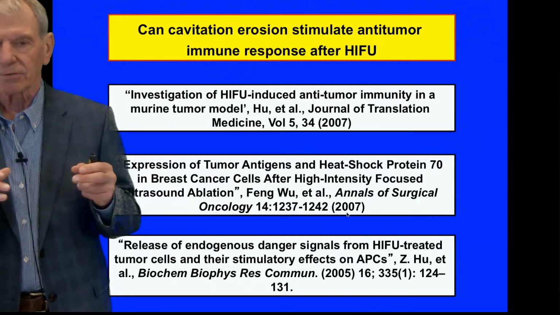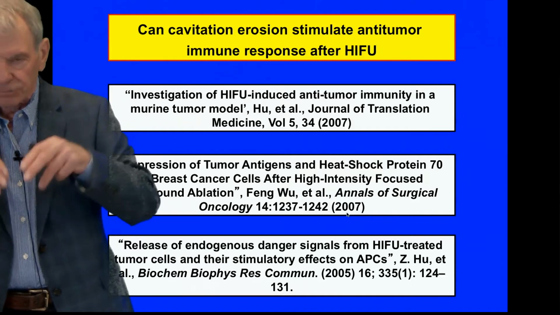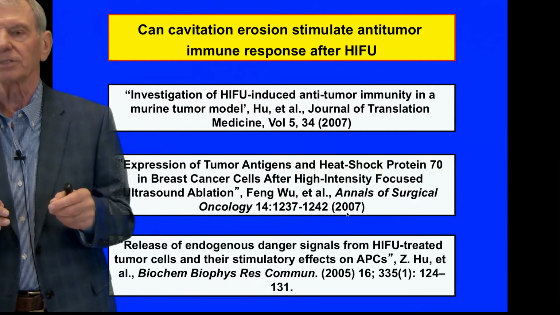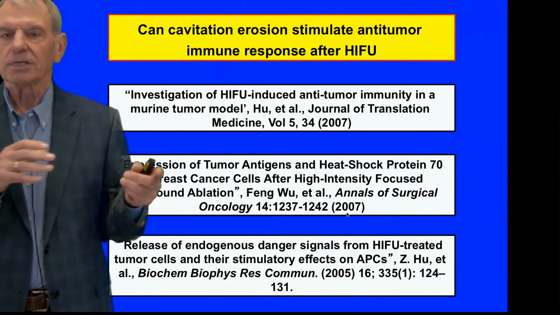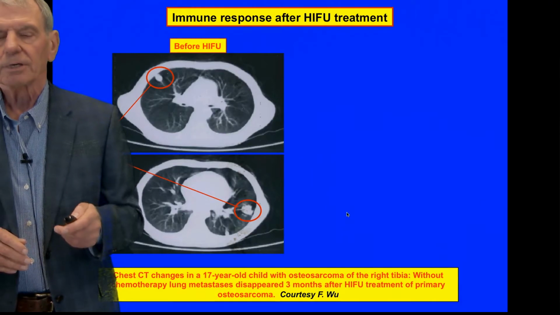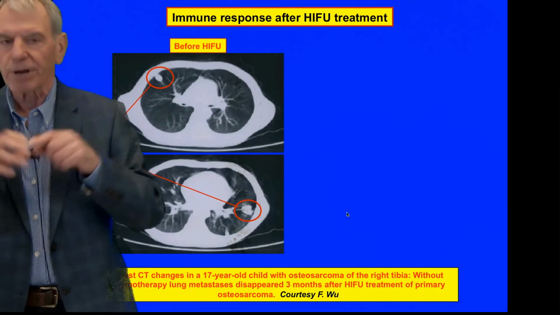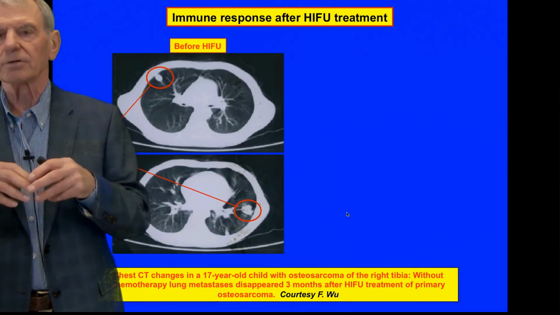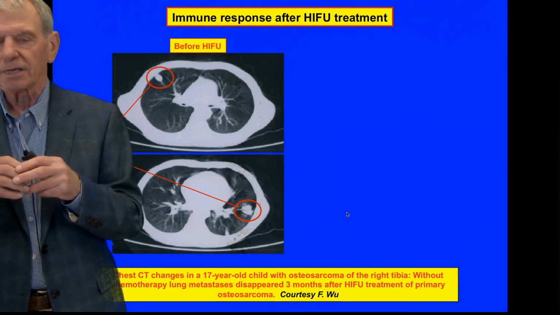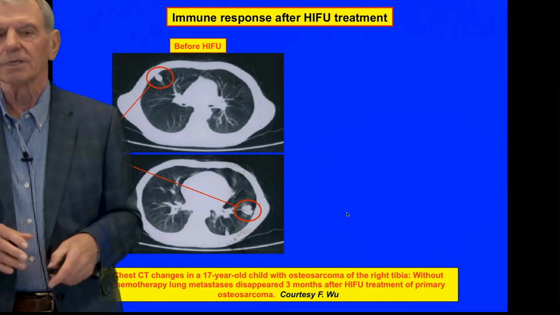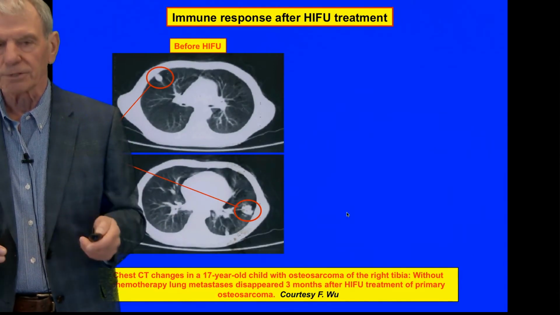And so if the tissue is not disrupted, where you expose the antigen to the immune system, then it cannot generate an immune response. But when you break up the tissue, as you would in histotripsy or boiling histotripsy, and expose the actual molecular species to the immune system, then you can stimulate a response.